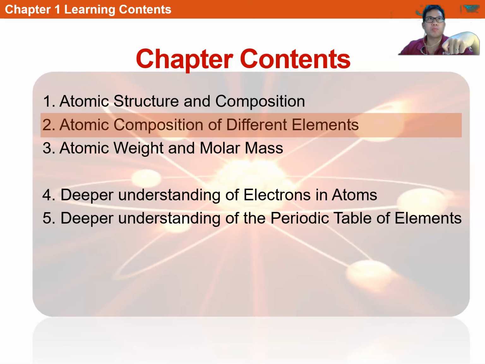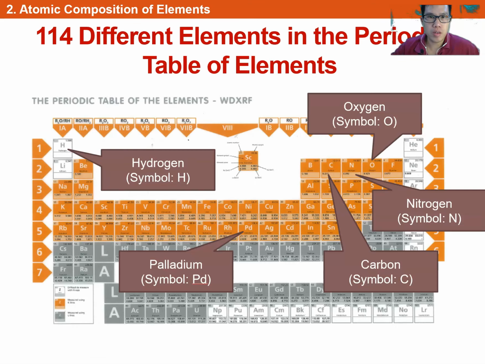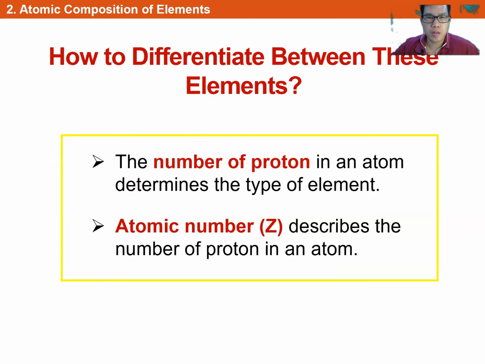Let's look at the atomic composition of different elements. So what's the difference? How do you differentiate between these elements?